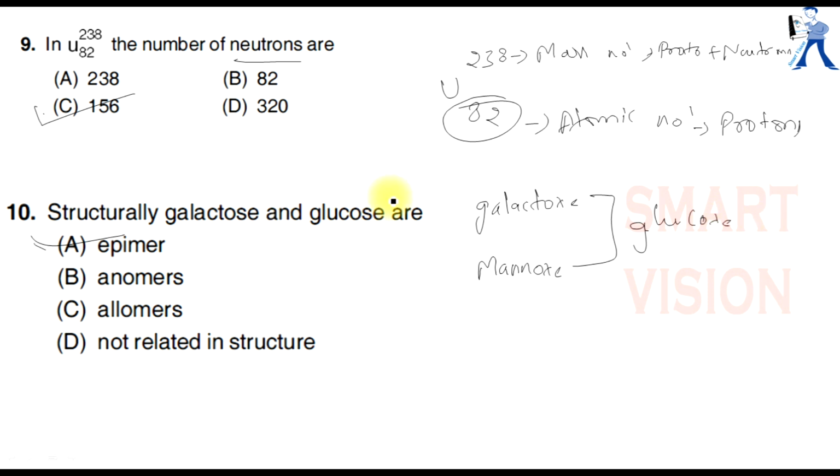Why? The configuration of the hydroxyl and hydrogen atoms differs at the C4 position, so galactose is called the C4 epimer, and mannose differs at the C2 position, so it is called the C2 epimer, right?